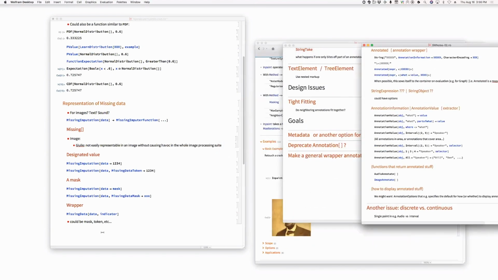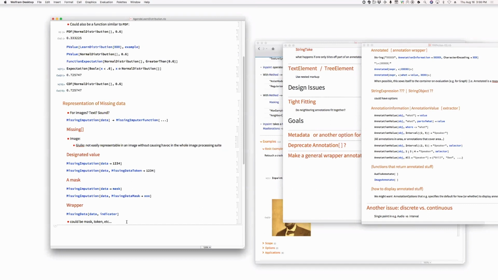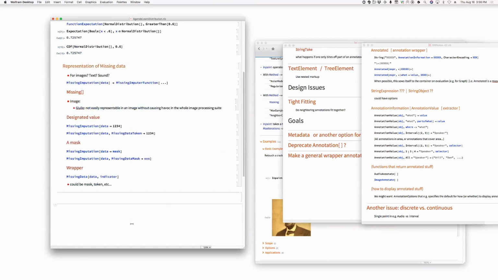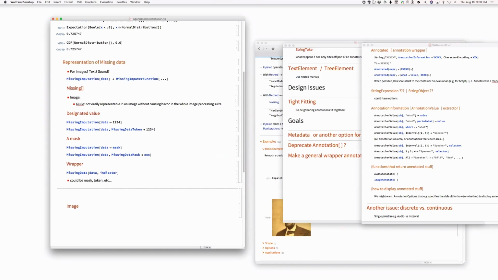Okay, so let's enumerate the cases that we need here, right? What types of data are we going to deal with here? We're dealing with image data. We are dealing with audio data in general, for now.